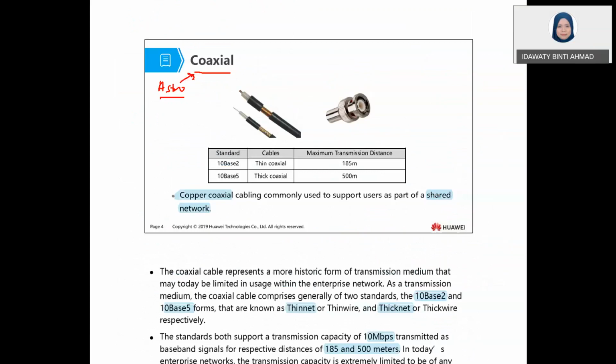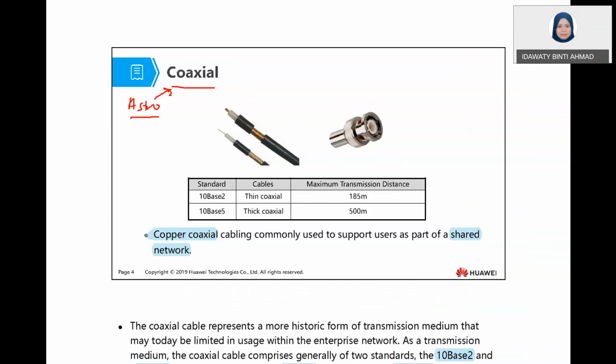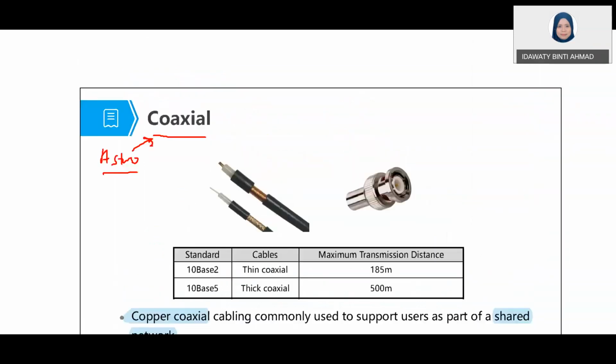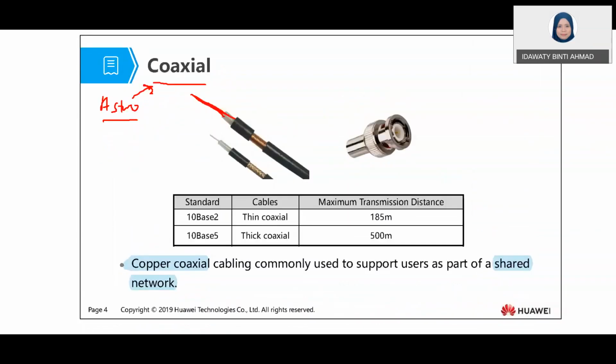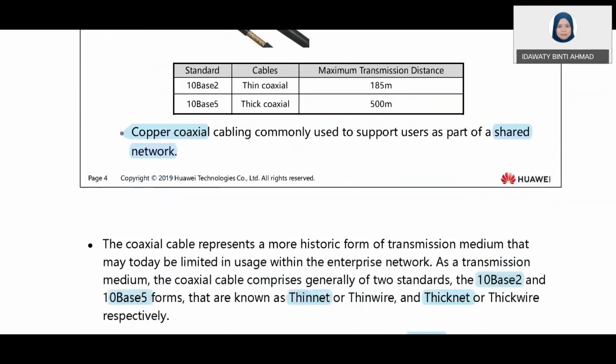If we make the slide bigger here, you can see that in the cable there's only one copper line to transmit the signal. When we talk about coaxial cable, it represents more of a historic form.